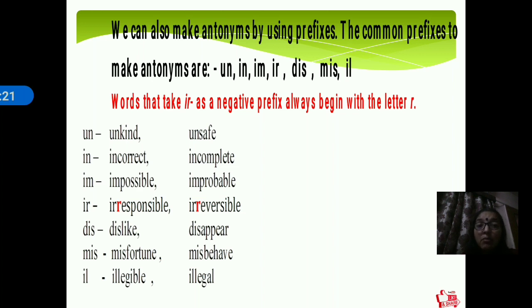Okay, by adding in, complete becomes incomplete, possible becomes impossible, probable becomes improbable, responsible becomes irresponsible, reversible becomes irreversible, like becomes dislike, appear becomes disappear, fortune becomes misfortune, behave becomes misbehave, legible becomes illegible, legal becomes illegal. So this is the way we form antonyms by adding prefixes.